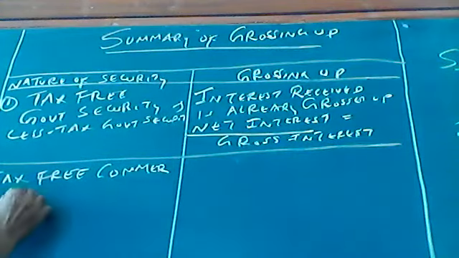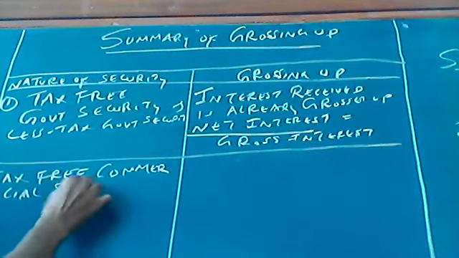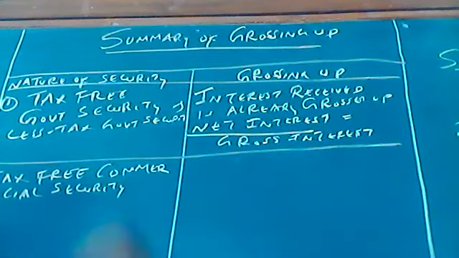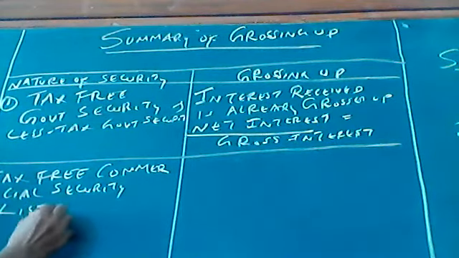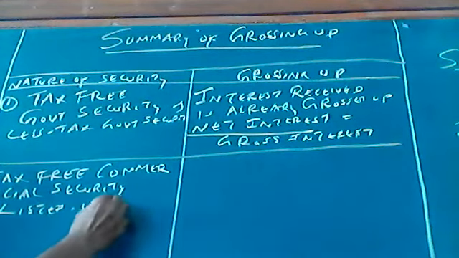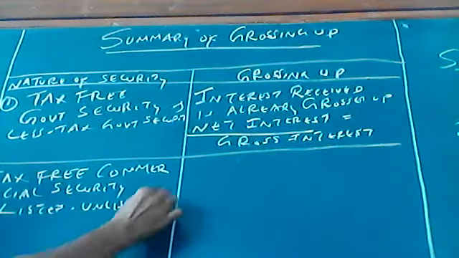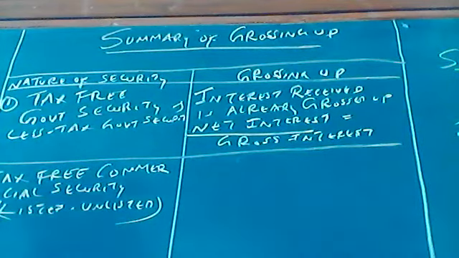Private companies. Securities issued by private companies, whether listed in the stock exchange or unlisted, both. Securities issued by the private companies are called tax-free commercial security. And securities issued by the government agencies, state government or central, are called tax-free government security.